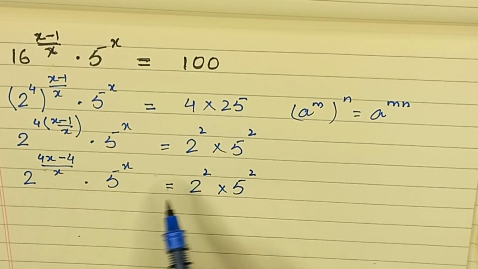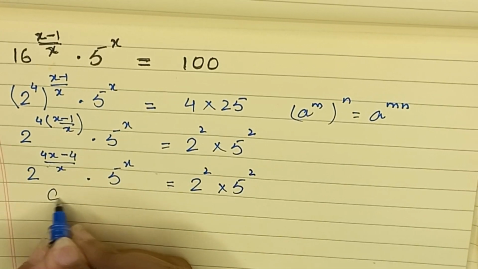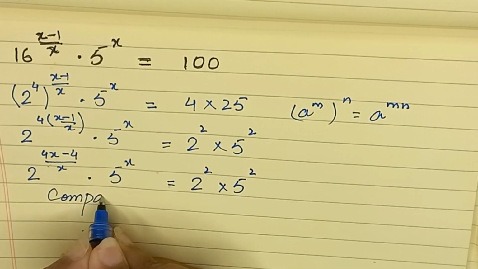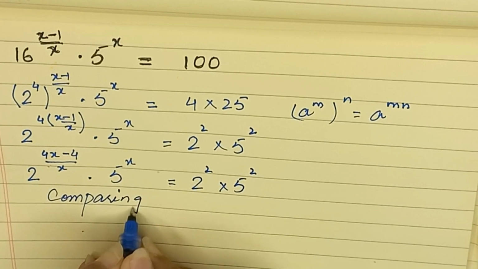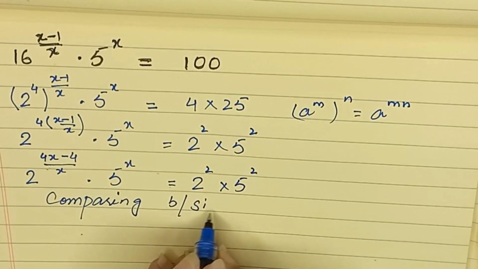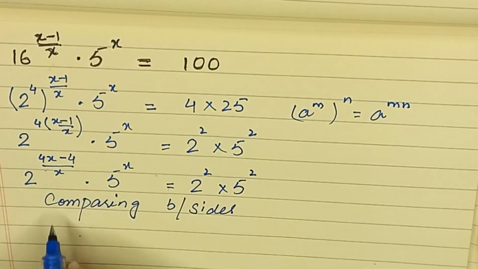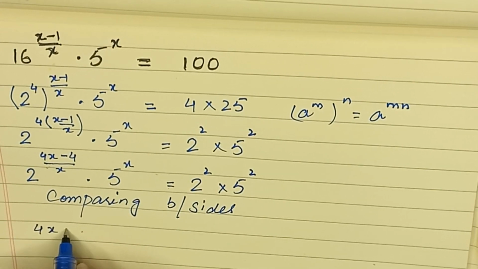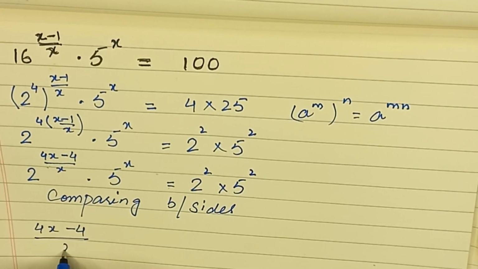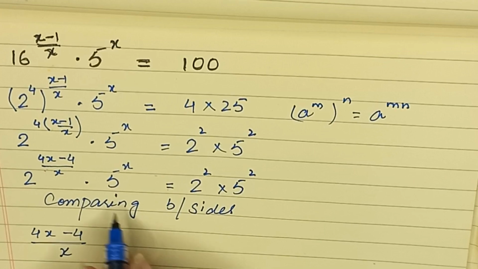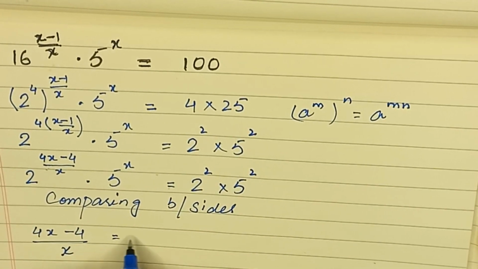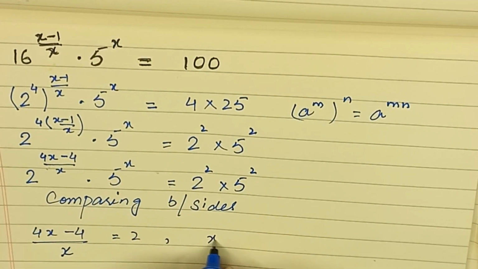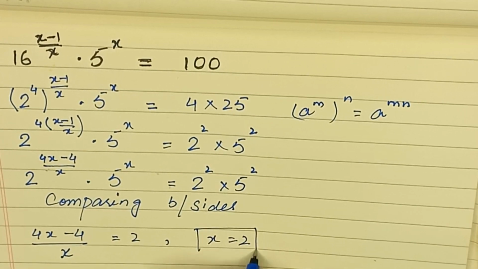So we will compare the powers. Comparing both sides, it will become (4x minus 4)/x, which is equal to 2.